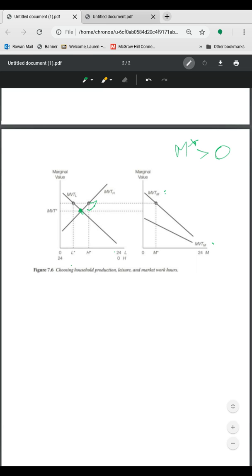So we move up and to the right for the household, and up and to the left for leisure. And you're going to go up till you get a point where all the marginal values of time for each market or each possibility are equal.